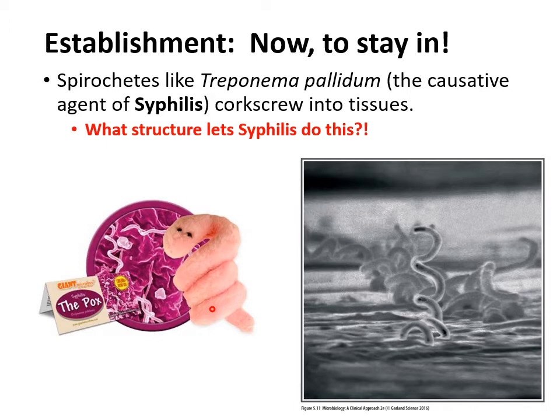But what's important about this guy here, syphilis or Treponema, is that it uses axial filaments, which we mentioned in an earlier slide. The axial filaments let the Treponema, causing syphilis, embed itself or corkscrew into the human's tissues and organs to really attach, to stay in. Okay, so whenever you hear syphilis, think of axial filaments. And that's how it is motile, and that's how it establishes or attaches to different tissues.